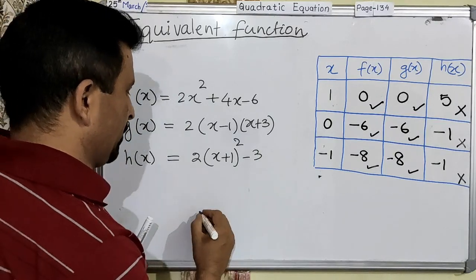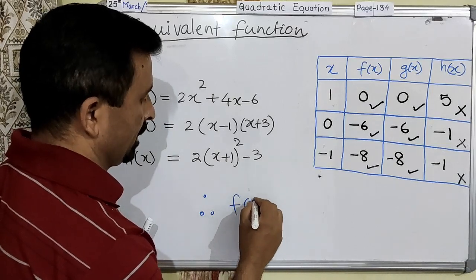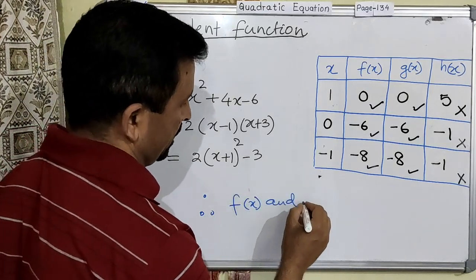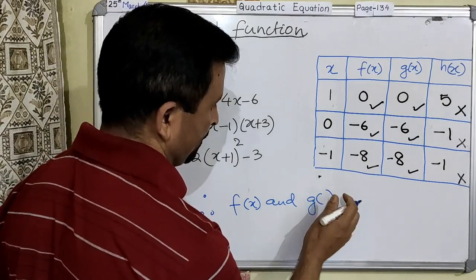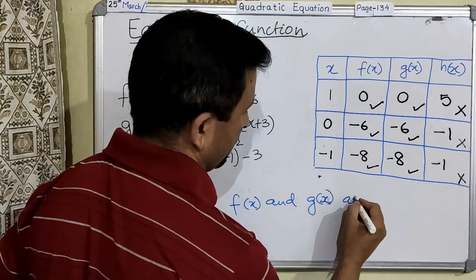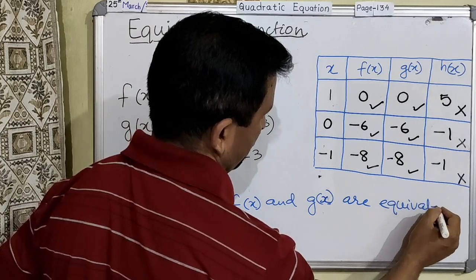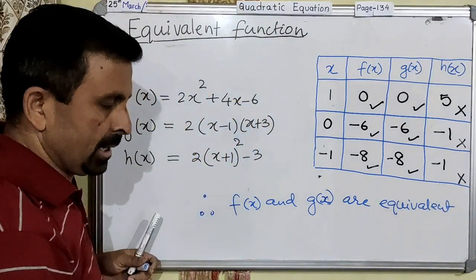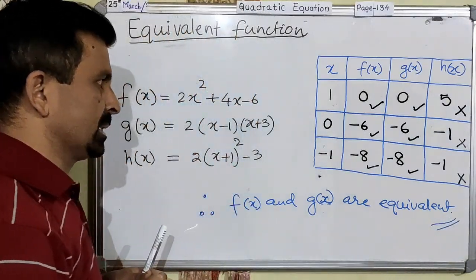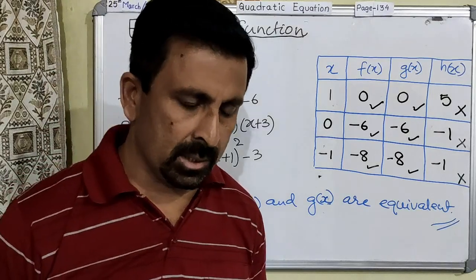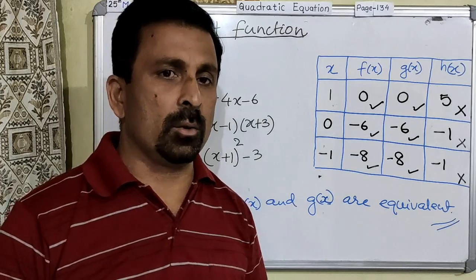Therefore fx and gx are equivalent. Is it very clear? So this is how we prove the equivalency. This is the one way through which we can prove that the given functions are equivalent.